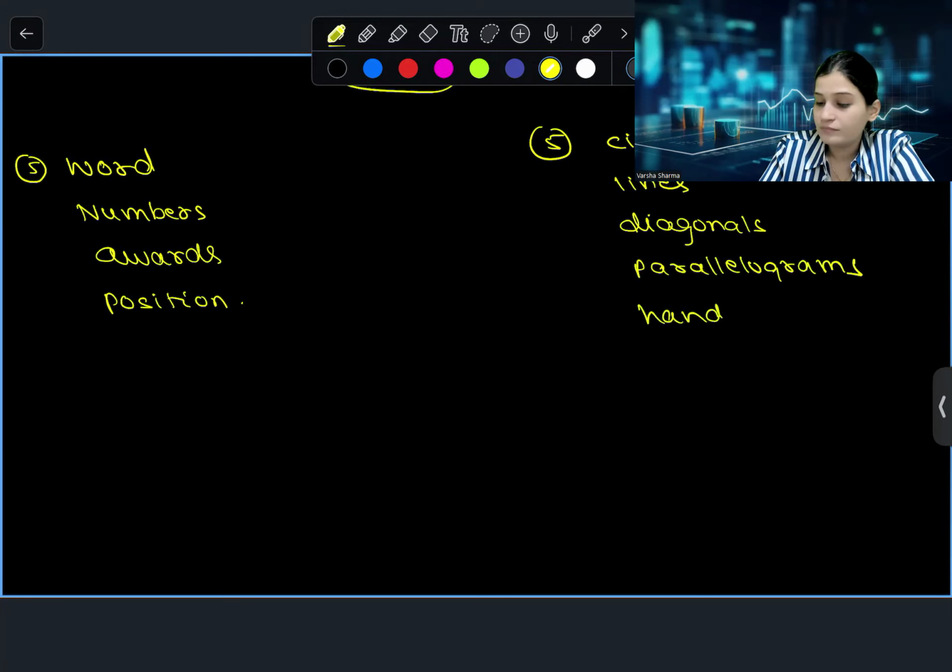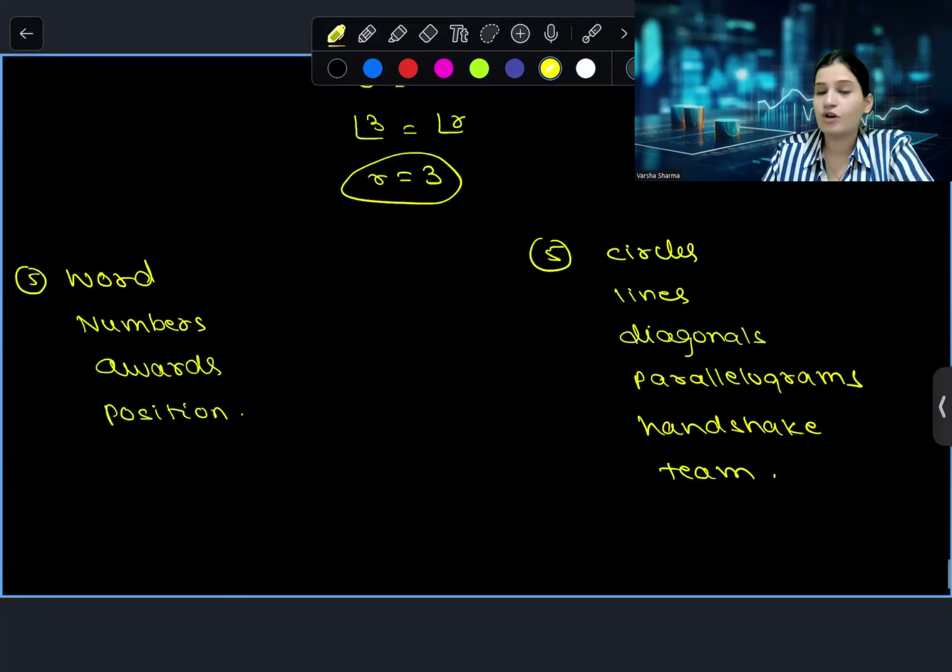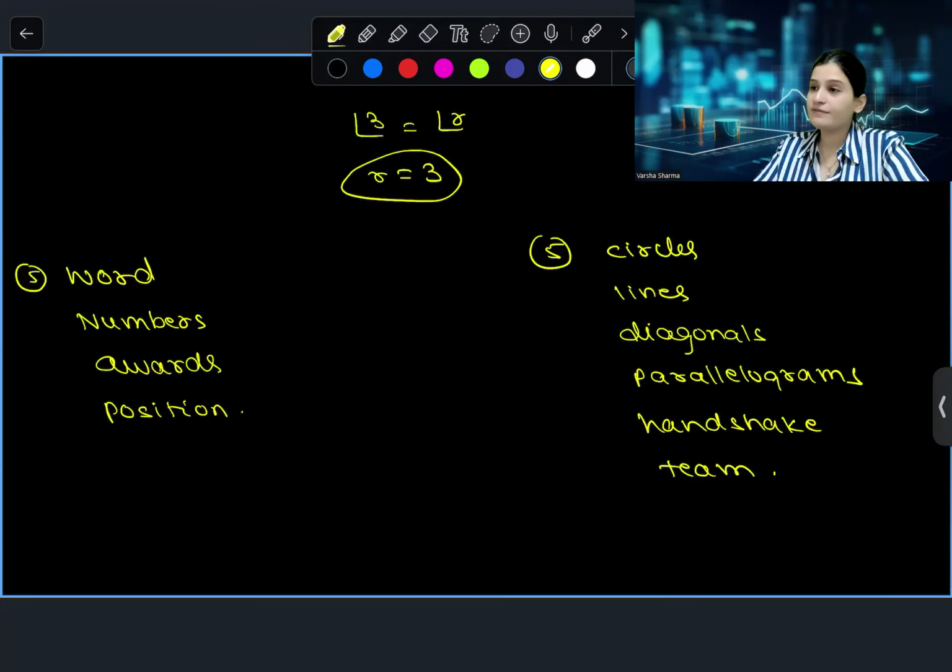Handshake, team formation, forming a team, selecting a few people, forming a committee, everything comes under combination. Clear? All of you clear till here?